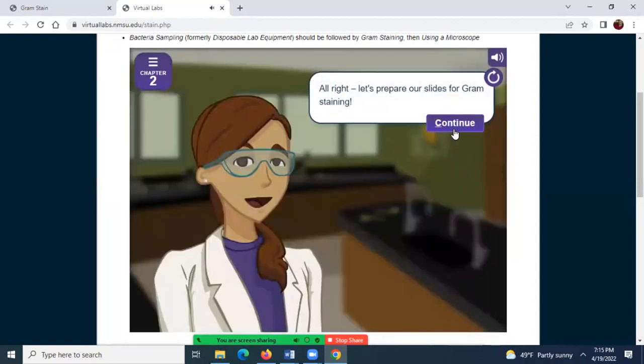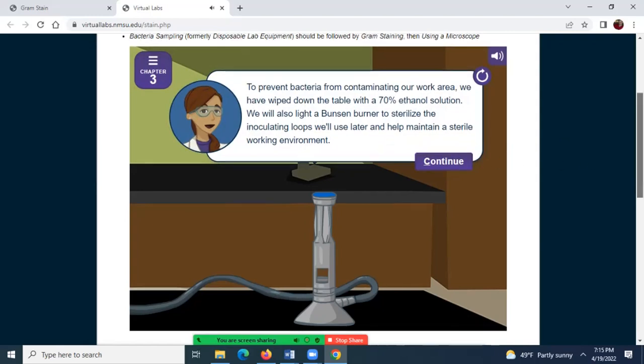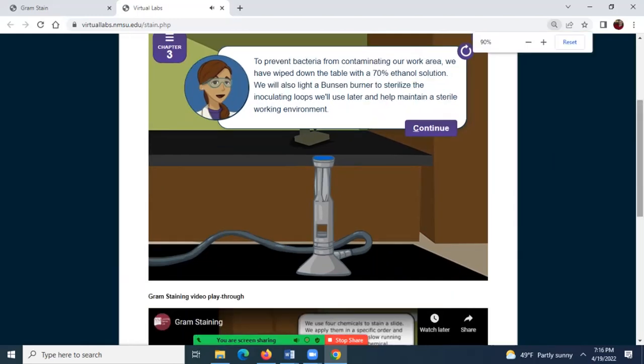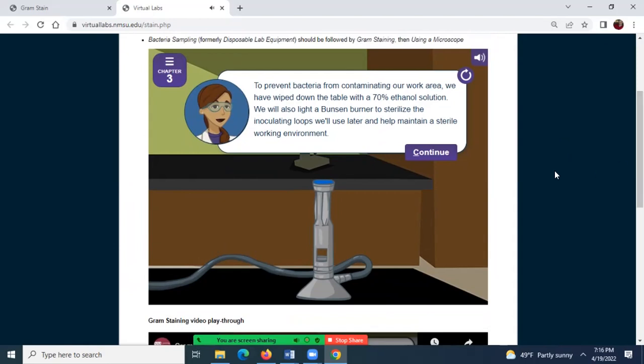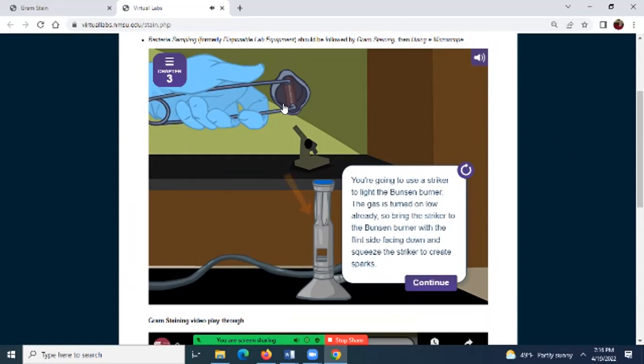All right, let's prepare our slides for gram staining. To prevent bacteria from contaminating our work area, we have wiped down the table with a 70% ethanol solution. We will also light a Bunsen burner to sterilize the inoculating loops we'll use later and help maintain a sterile working environment. You're going to use a striker to light the Bunsen burner.